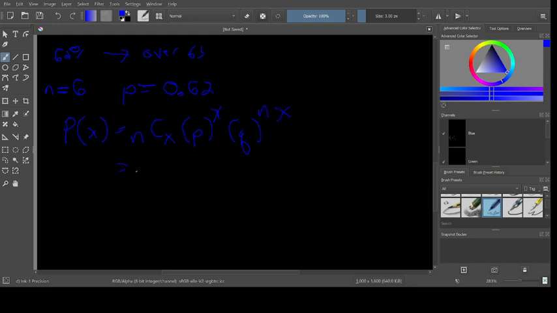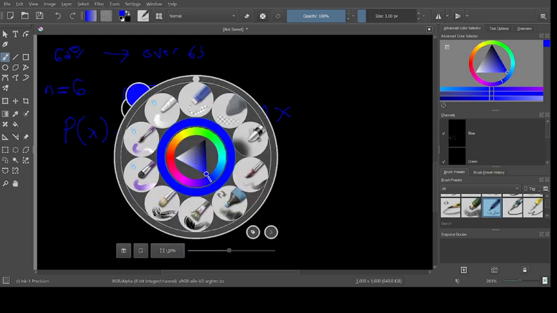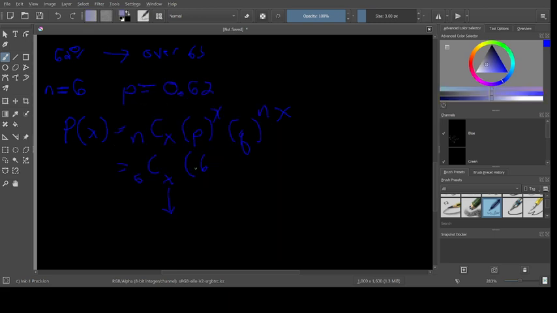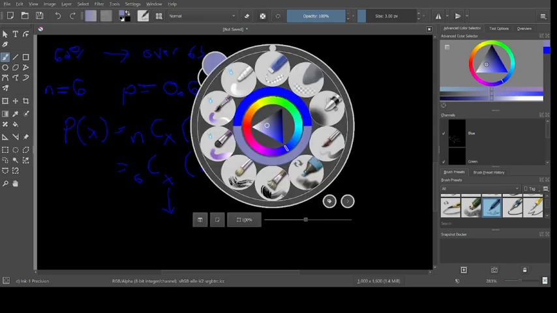In this case, we have 6 trials, and we have to work our way through all the x values with 0.62 to the x, and then 1 minus 0.62 to the n minus x.